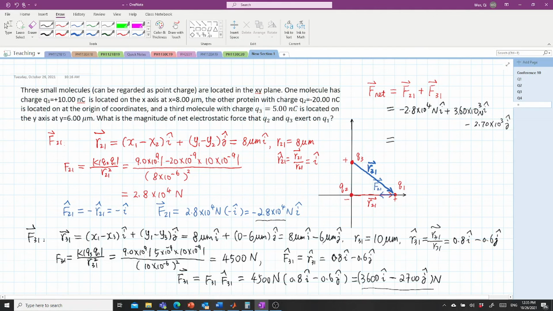So the i hat components add up, negative plus 3.6, giving negative 2.44×10^4 newtons in the i hat, and negative 2.70×10^3 newtons in the j hat. All right, that's the answer for the problem.